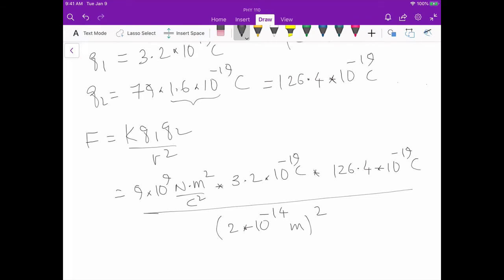If you properly plug this into your calculator, as a workout for yourself as well, try it. If you simplify it, you're going to get 91.6 Newton of force between the alpha particle and the nucleus of the gold.